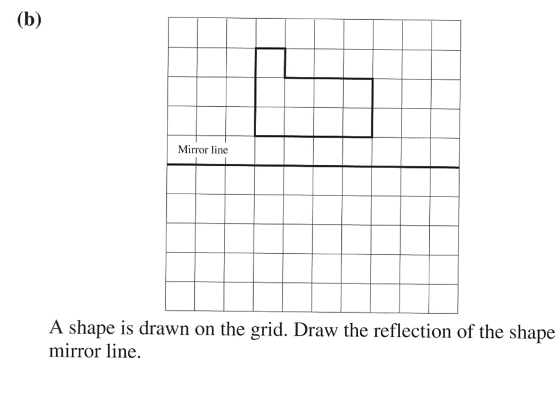Okay, and a nice easy shape here, just a sort of compound rectangle shape, and we're asked to reflect it in the mirror line. When you're doing a reflection, look at each corner one by one, count the squares to the mirror line and straight out the other side. So starting here with this corner, that is 1 square to the mirror line, so I go 1 square out the other side. Again, this corner is 1 square to the mirror line, so I'm going 1 square out the other side.